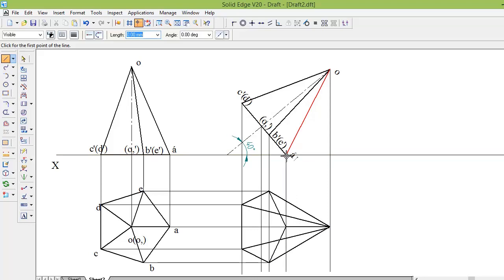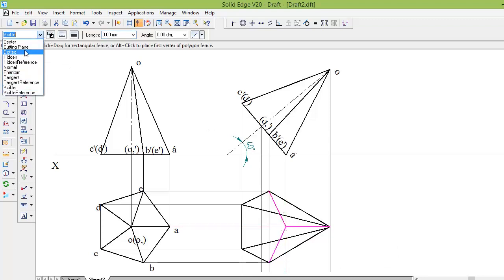The lines passing through A are not visible. They should be hidden. That's why I am selecting the lines connected to point A. These 3 lines are connected to A here, which should be hidden.